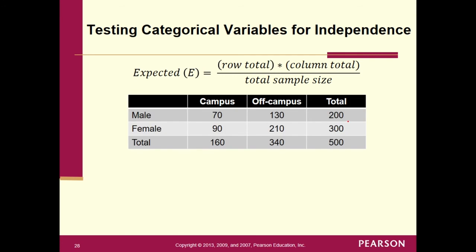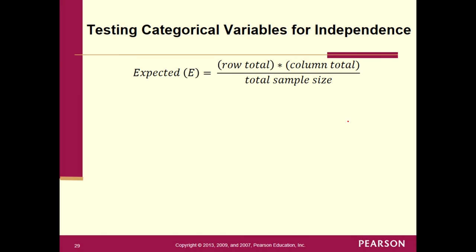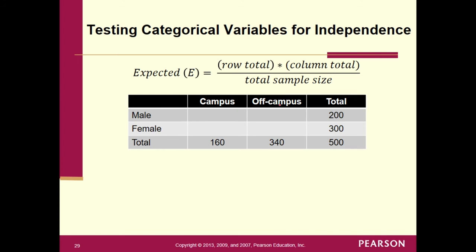So here's our data again, and you're going to see where these subtotals come into play now. What we have to do is figure out for this cell right here what its corresponding expected value is. And then we have to figure out for this cell what its corresponding expected cell is, and then this one and this one. Okay.